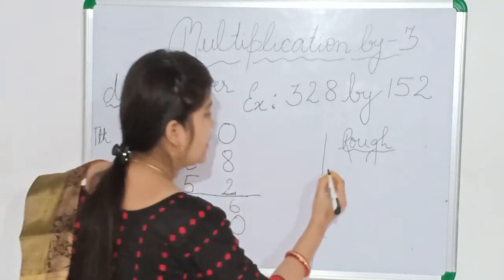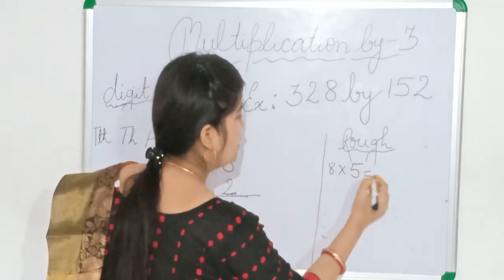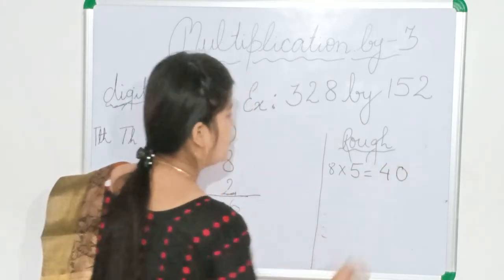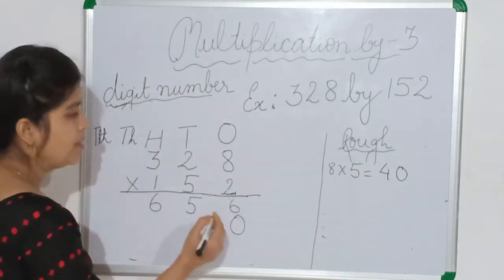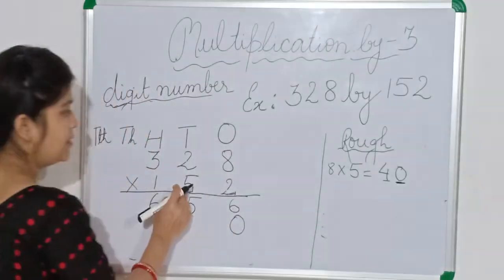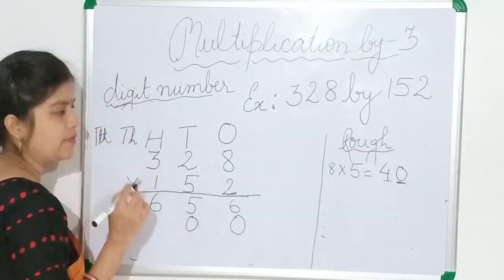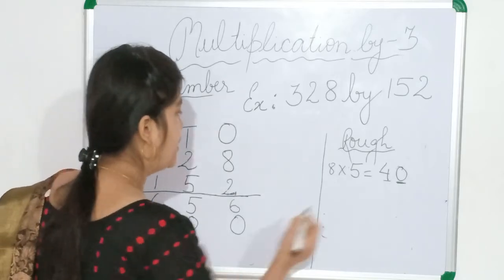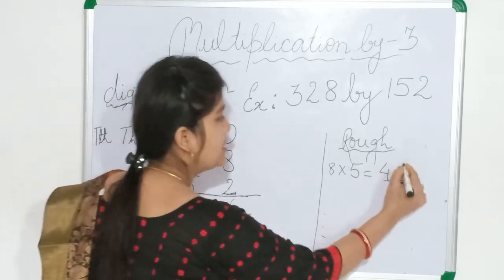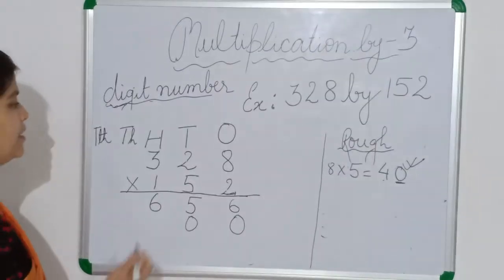Okay. So simply I will write 0, because here it is a 2-digit number and I got 40. So I will write here 0 and 4 I will carry over here. Okay, 4 I have to carry for the next step.